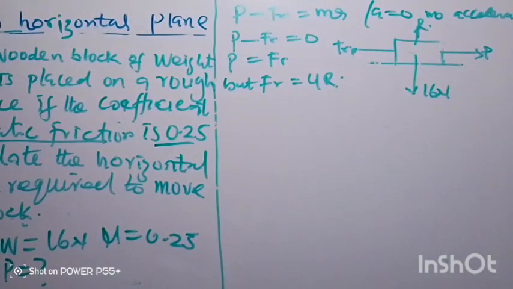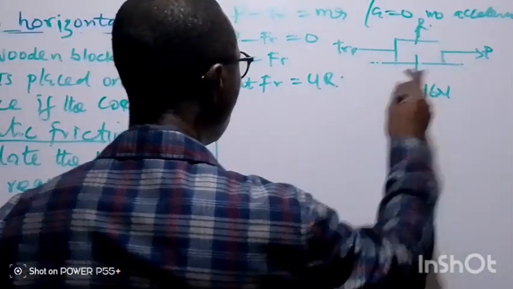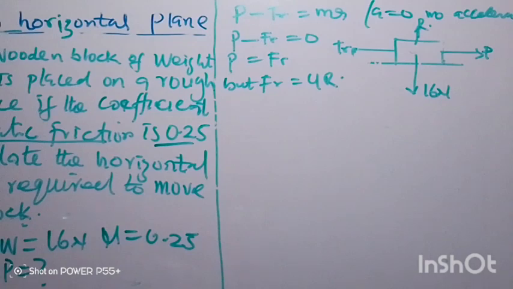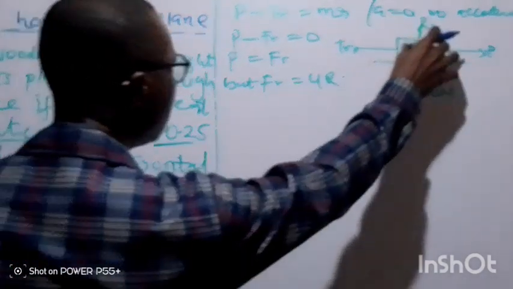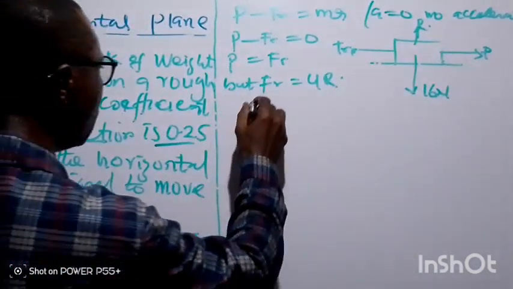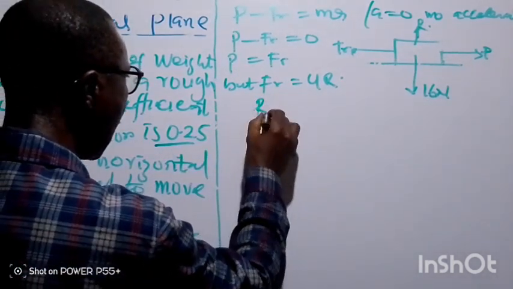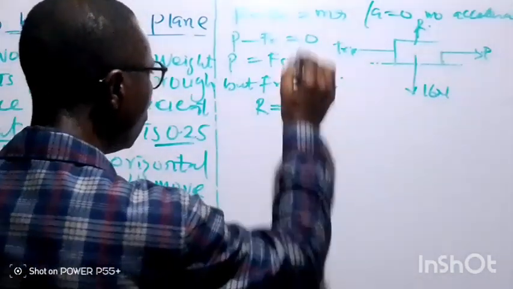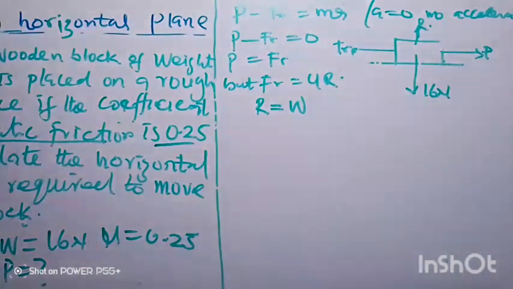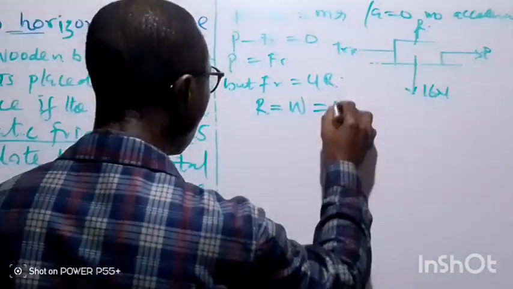Don't forget, according to what we said the other time, for this block to be in equilibrium when it moves by static friction, we said R must be equal to W. Don't forget that.